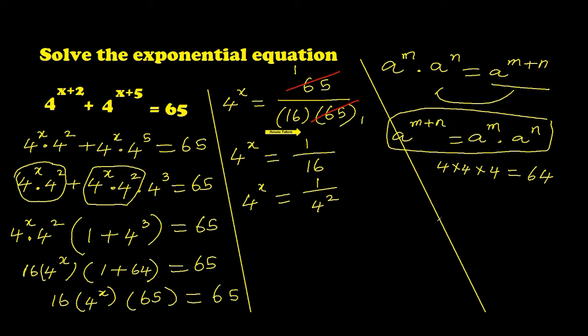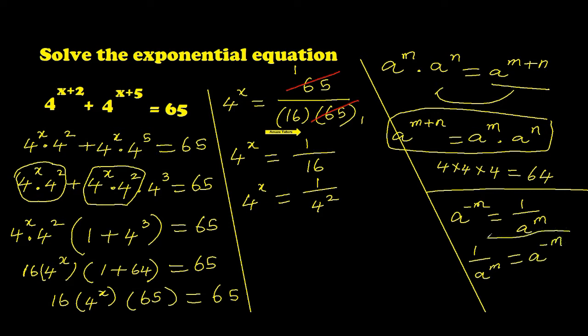Now using the properties of negative exponent, a power negative m can be written as 1 over a power m. Using the negative exponent property, you need to reciprocate it to get rid of the negative. So vice versa, when it is 1 over a power m, that can be written as a power negative m. This is what I am going to apply for this step.